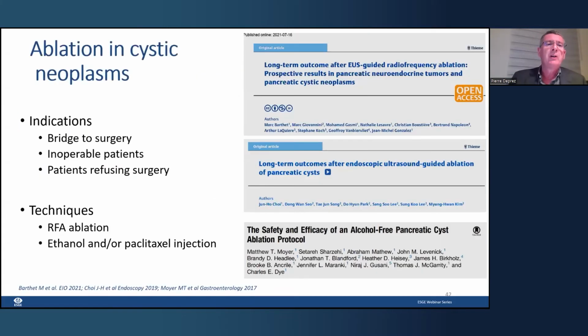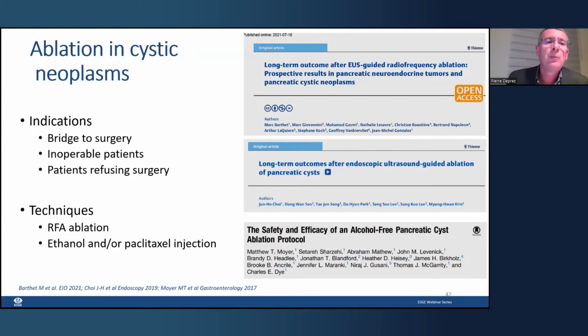Concerning cystic neoplasm, there have been recently several studies showing that it may be performed quite safely, mostly with the indications of bridge to surgery, or in patients that are inoperable, or patients refusing surgery, with two main techniques: radiofrequency ablation and ethanol or paclitaxel injection.